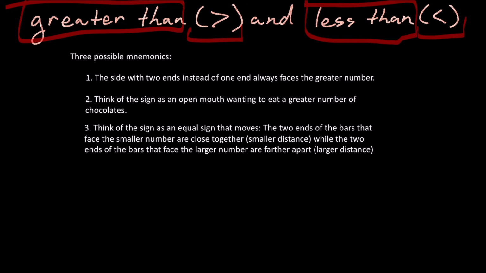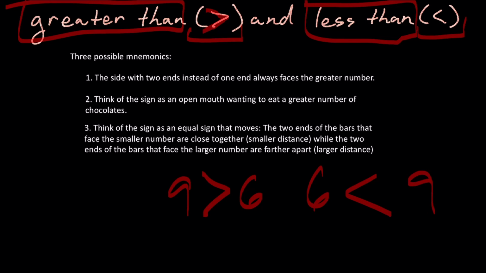But the open end facing to the left is always going to mean greater than if you're reading it in a sentence. So I can say 9 is greater than 6. Or I can say 6 is less than 9. It's always going to be written like that because that is the symbol for those words.